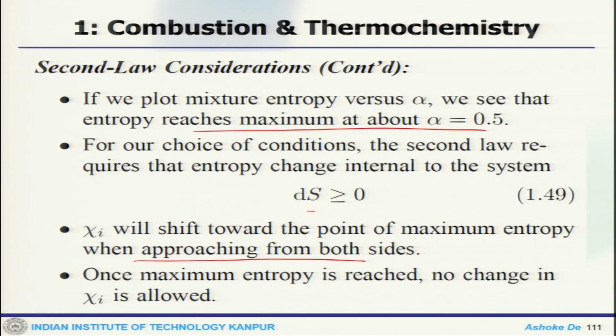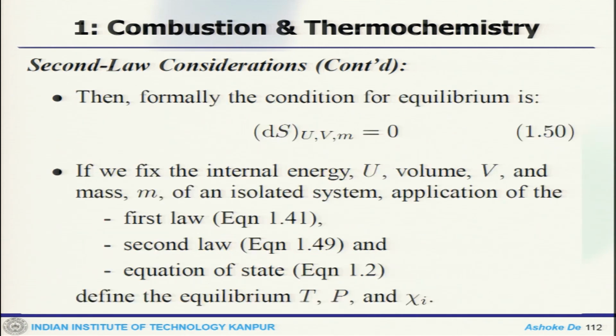And as soon as you reach the maximum entropy, there would be no change in the mole fraction, which is not allowed. So, that will form the basis of your equilibrium, and one can formally put the condition for equilibrium as: the change of entropy is going to be 0 for given U, V and m.